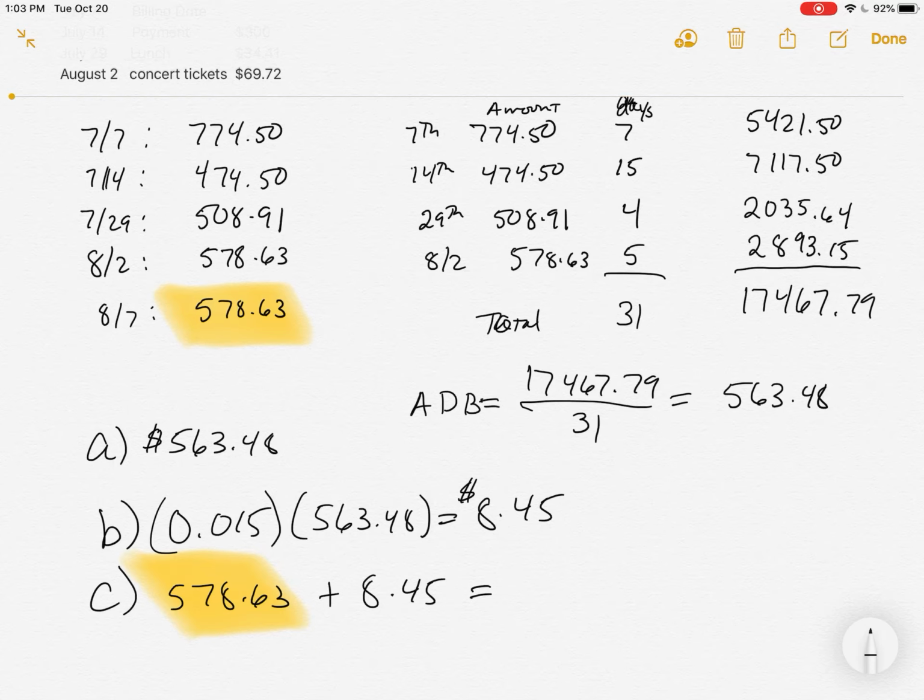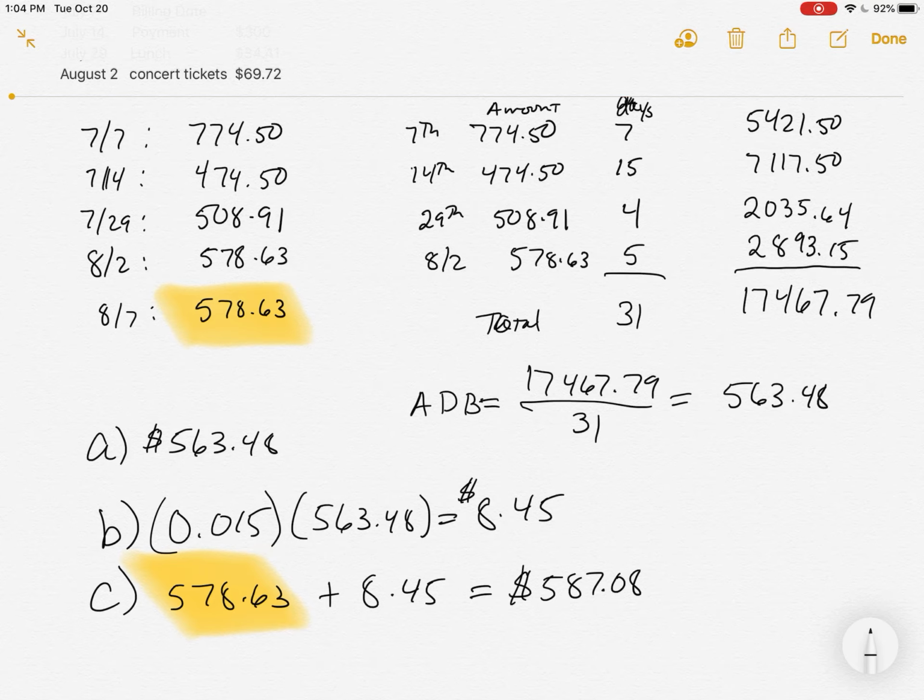We paid our card on time. We just didn't pay off the full balance. So 578.63 plus $8.45 is 587.08. That is what is going to be then applied as you go into the next billing cycle.